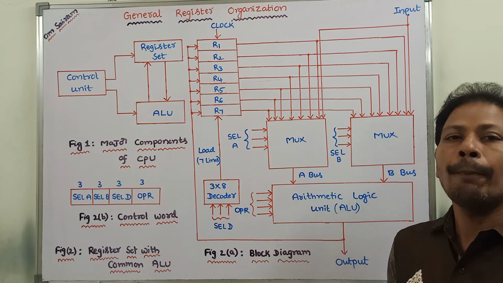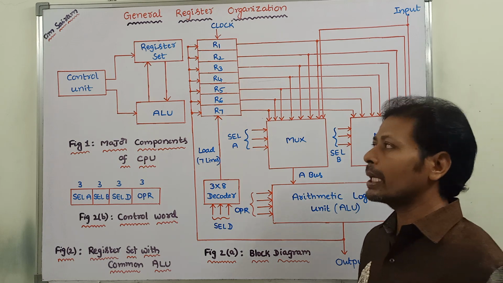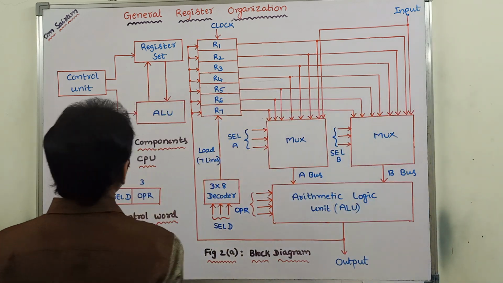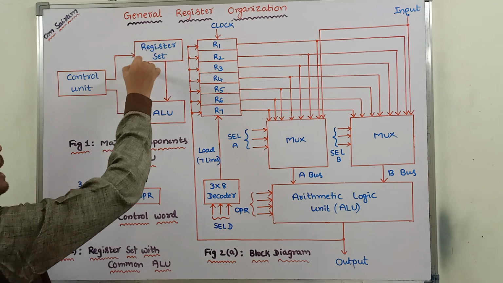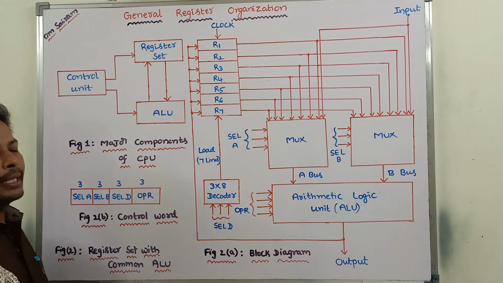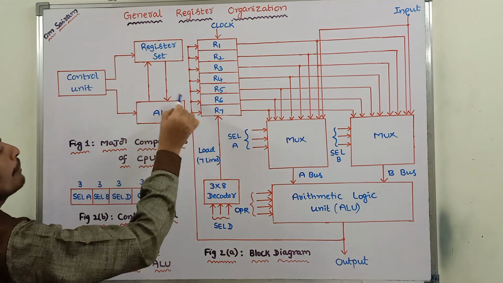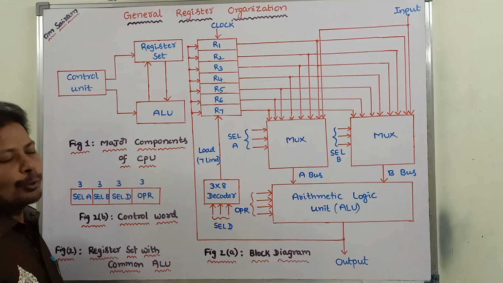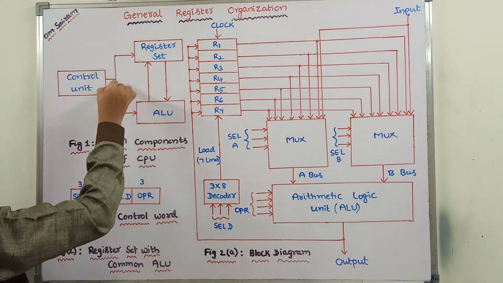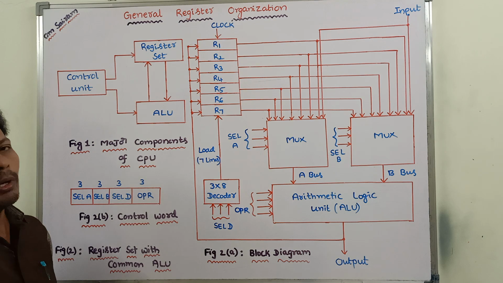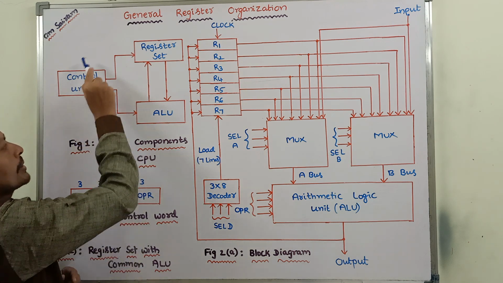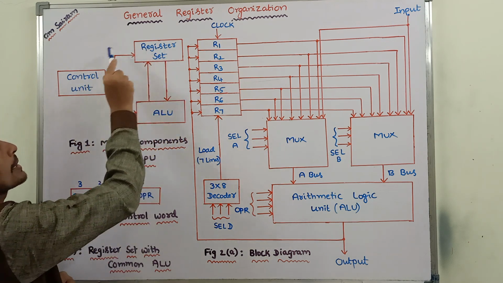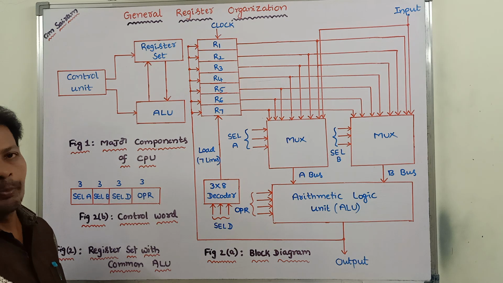CPU is made up of mainly three components. The first component is the register set. The second component is the ALU. The third component is the control unit. These are the three major components of the CPU.